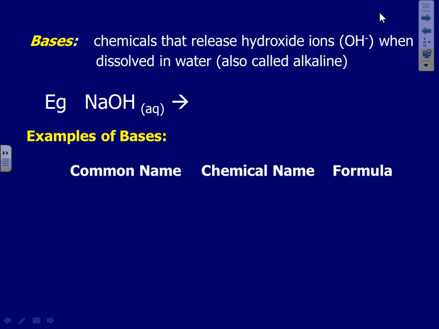The characteristic of a base is that it has hydroxide in it. That's, again, one of our polyatomic ions. So it ends in an OH.